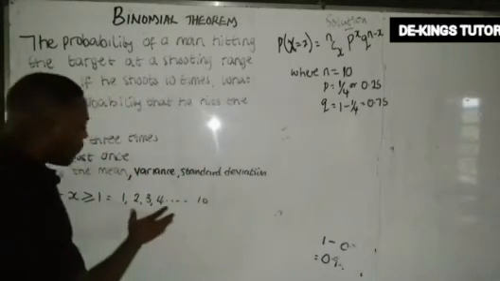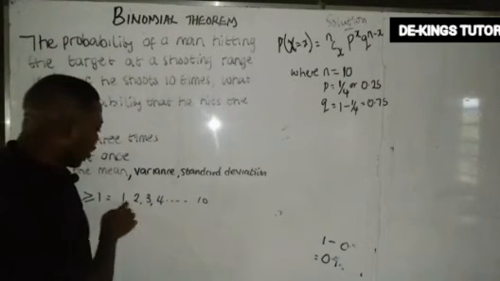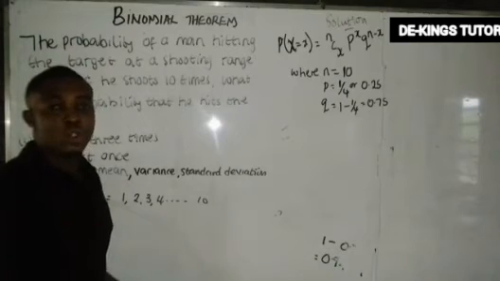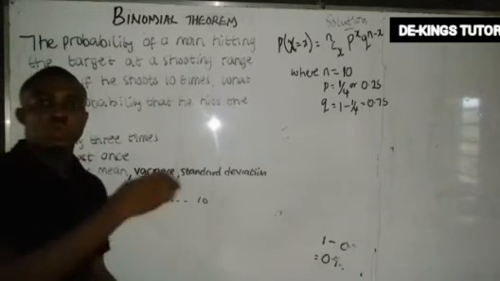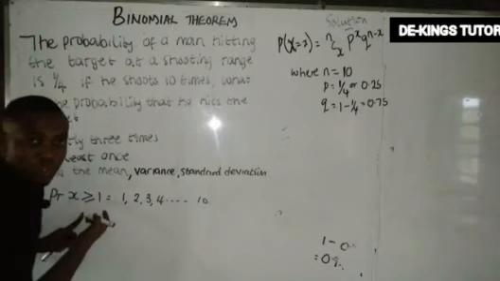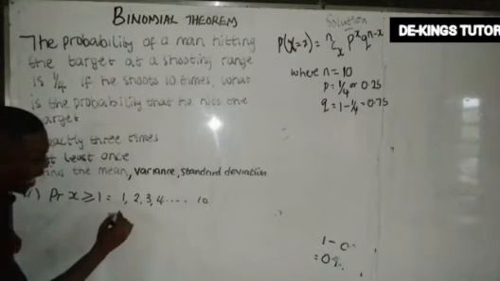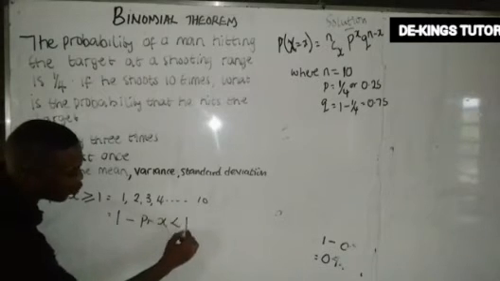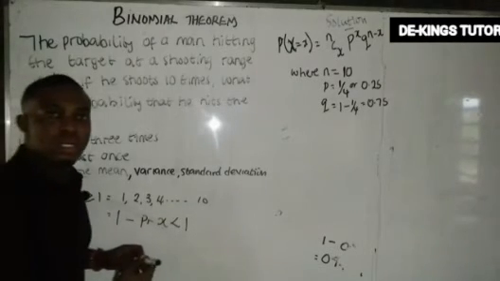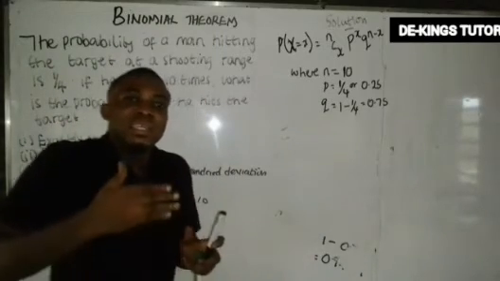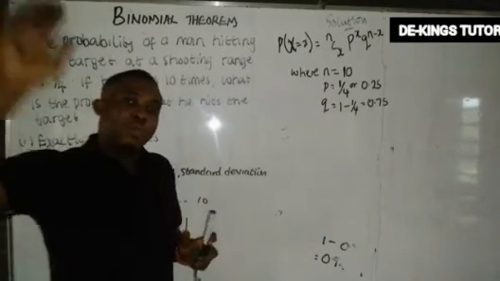Now, for exam purposes, we can't start solving from 1 till 10. It is time consuming. It will consume time. So what do we do? We twist it around. So if they said x is greater than or equal to 1, it means that I can have 1 minus the probability of x less than 1. Since they say greater than or equal to, it means it is starting from 1 and above up to n.